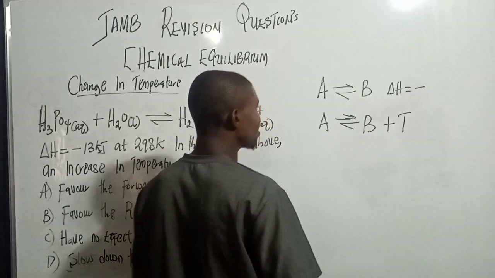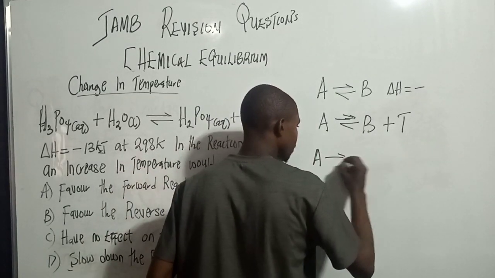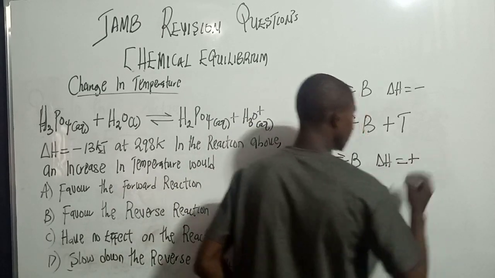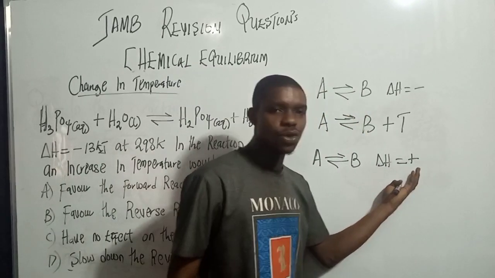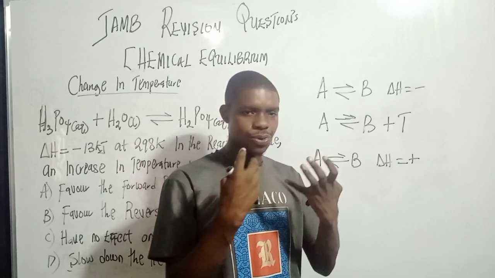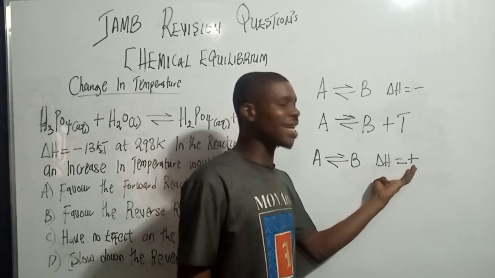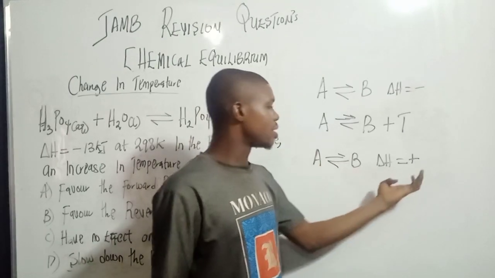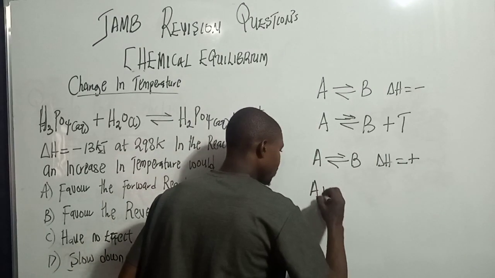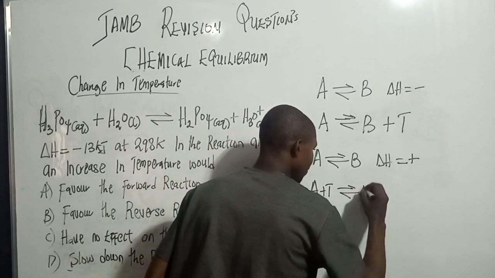Now, but if I ask something like this, now this is called an endothermic reaction. It is absorbed. It will be treated as a reactant. So it's going to be A plus T on the reactant side. Here we have this one here.